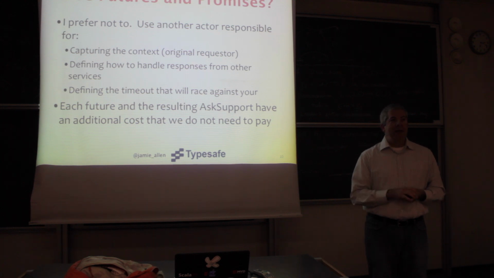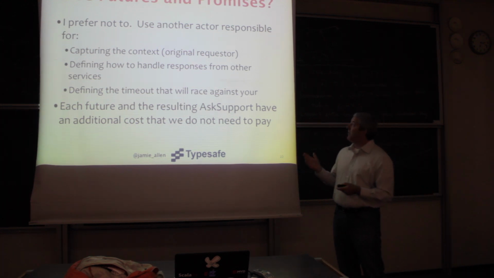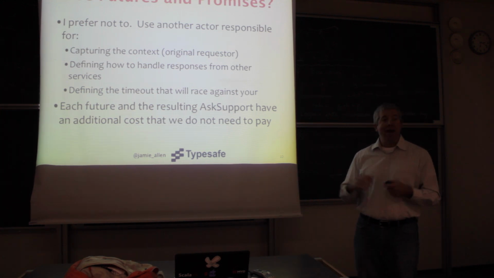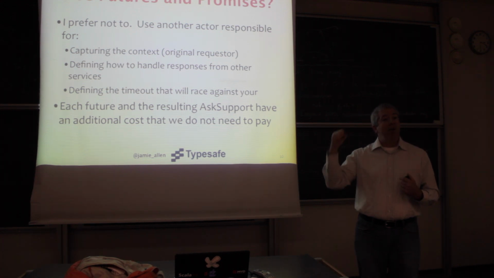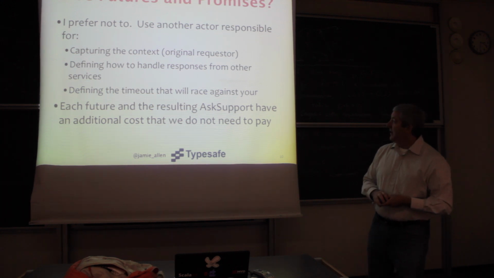In my opinion, they have some cost associated with them. If you want to, you can use futures and capture the context, and promises are nice because I can say I either have one response out of many things I want to do, or none because it timed out.